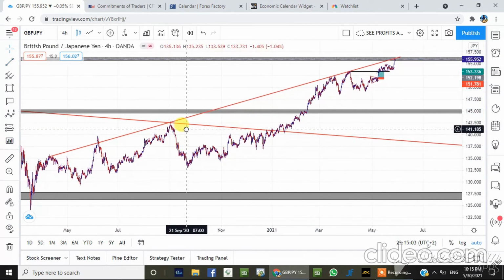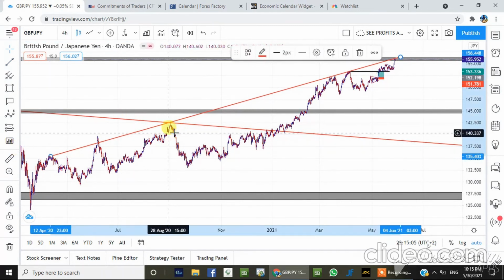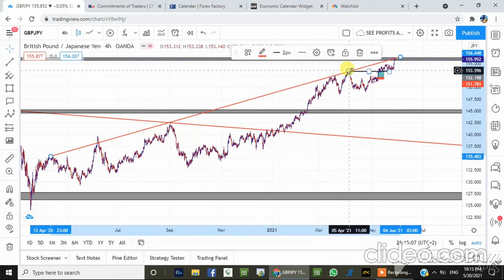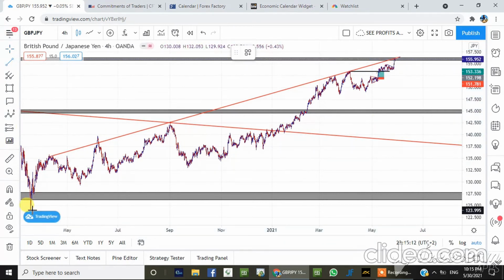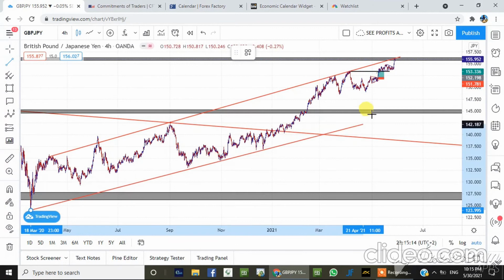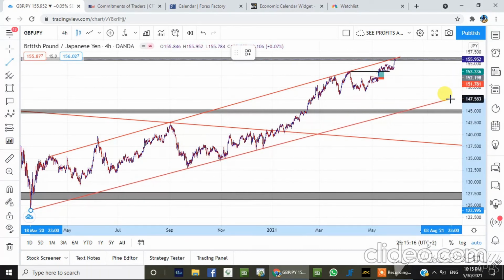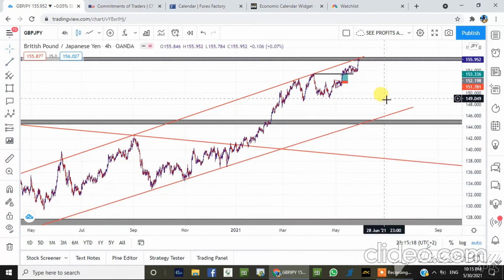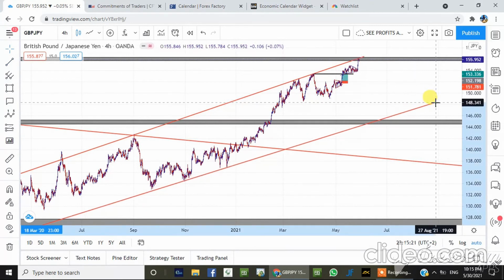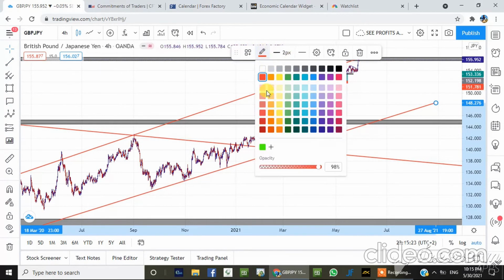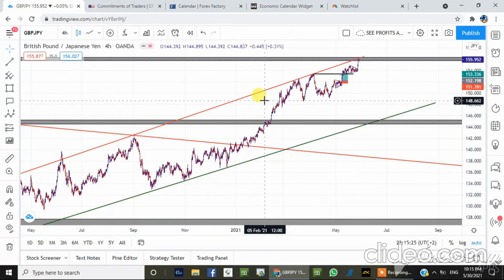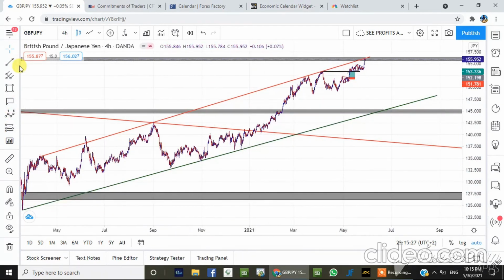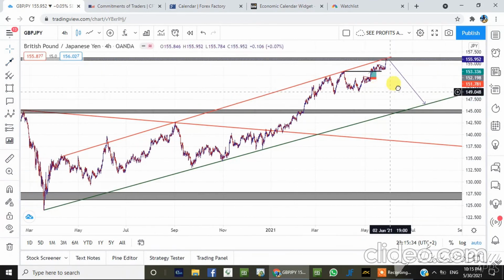Look at that: first touch, second touch, third touch, fourth touch, fifth touch, on the 4-hour time frame. And here is our trend line in support. Personally, on GBPJPY, I'm looking for sales. I'm looking for the market to drop to the downside.